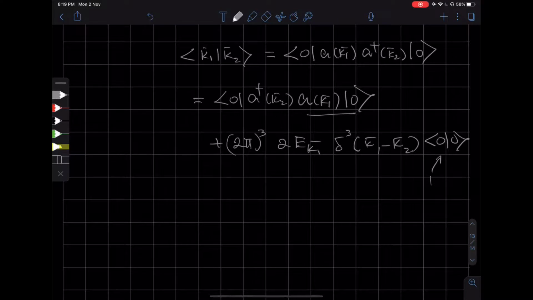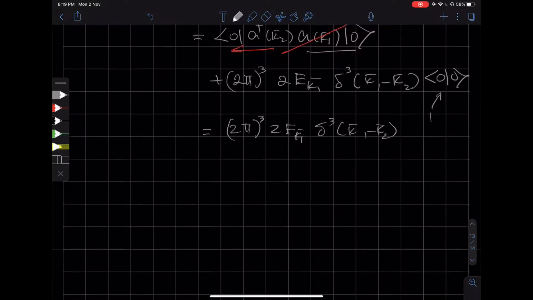The other terms acting on the vacuum give 0, so only the second term will survive, and it has the form (2 pi) cubed 2 E_K1 delta cubed (K1 minus K2).